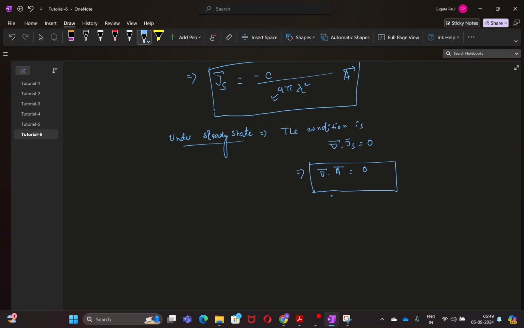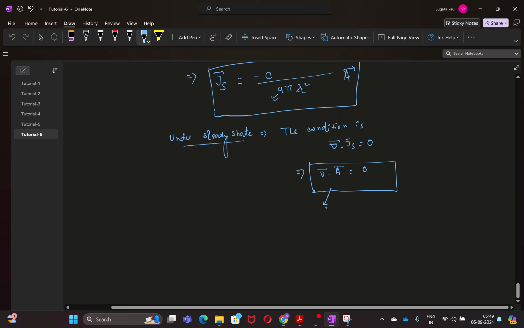For this thing to be valid, that the system will be in steady state, this condition will be followed: the divergence of A equal to 0. This is also known as Coulomb gauge. This has to be satisfied.